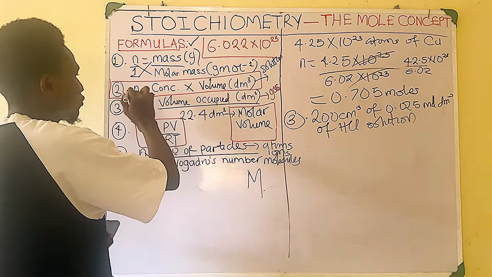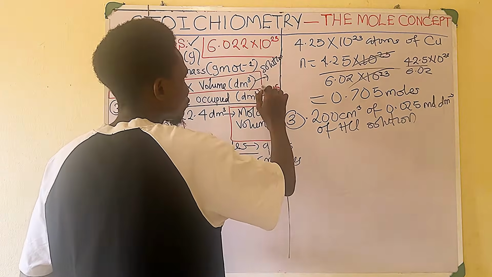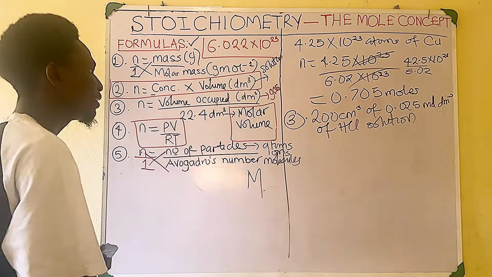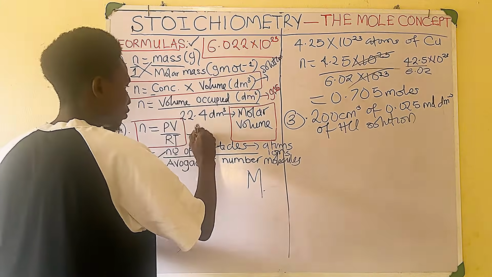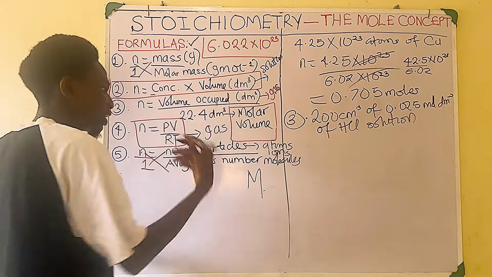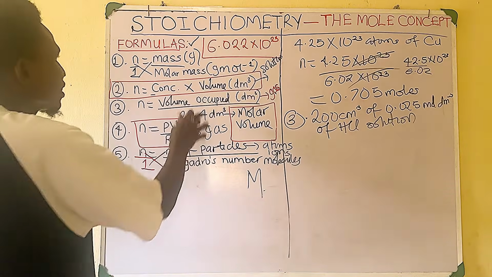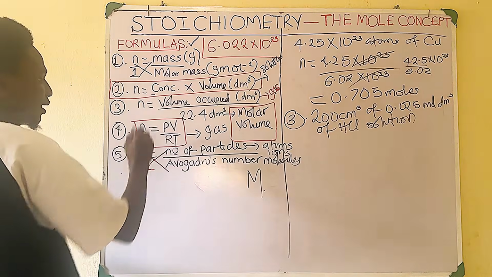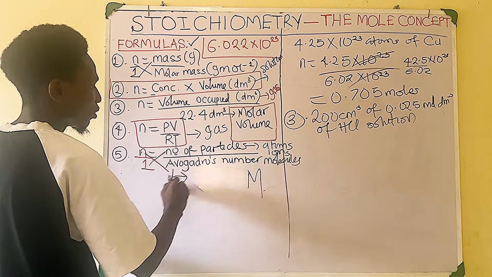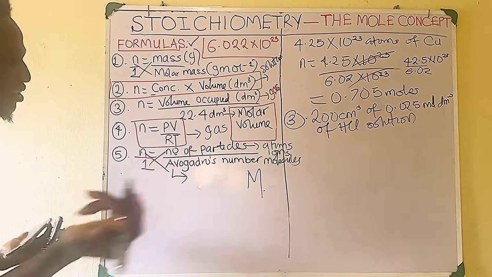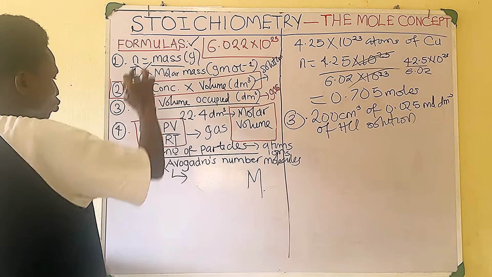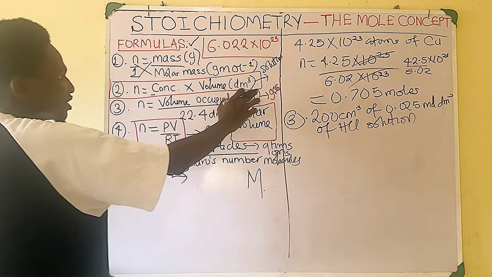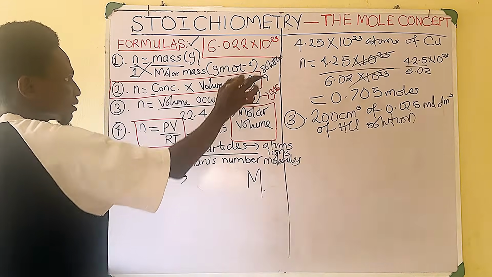This one is for solution, this one is for gases. The ideal gas equation is also for gases. Then this one can relate almost everything, and this one is for particles and can basically relate all of them too. So these two can relate all of them, but this one is specifically for gases and solution.